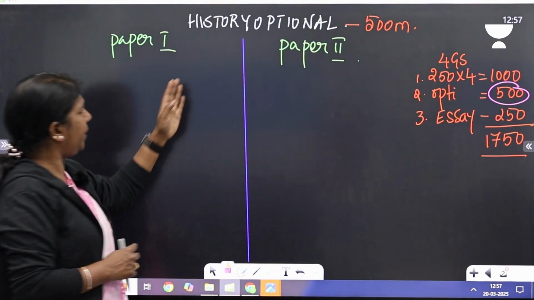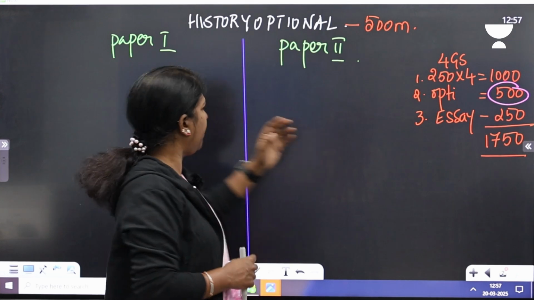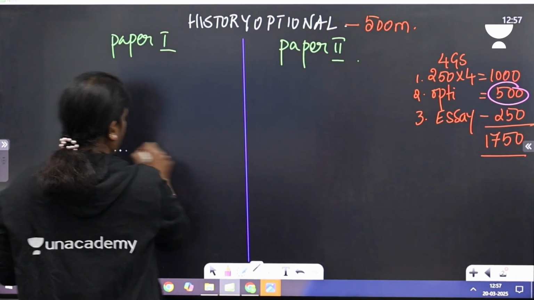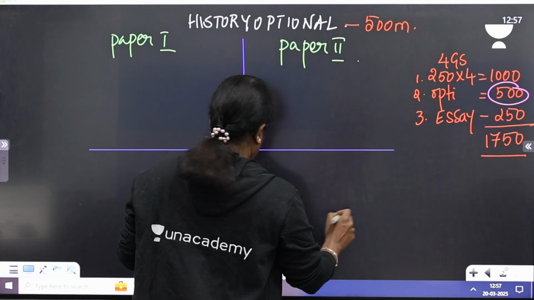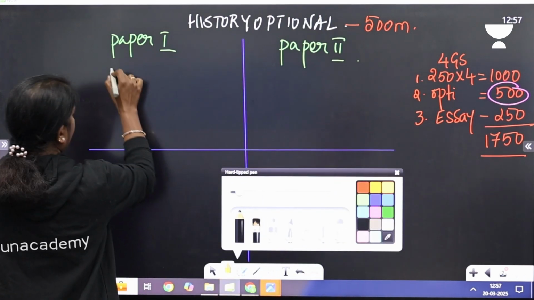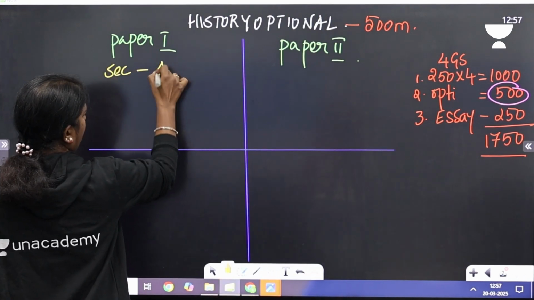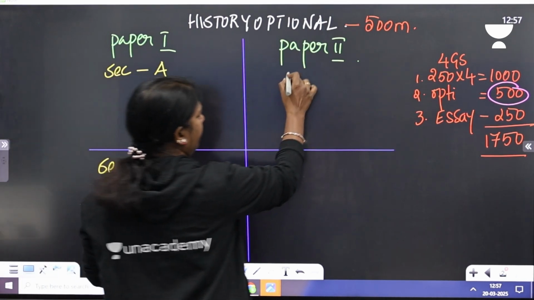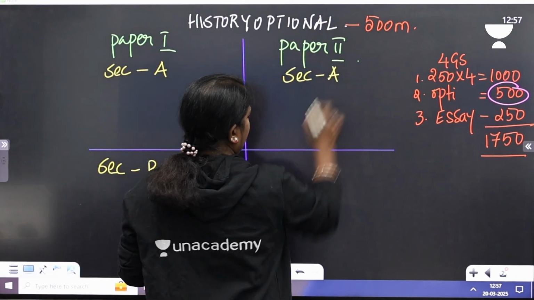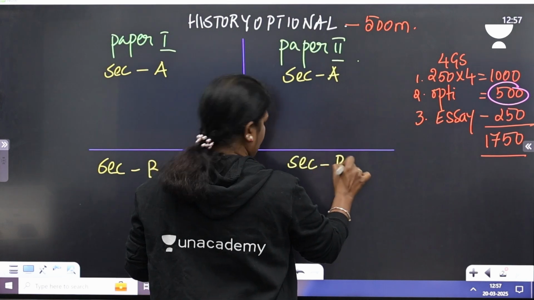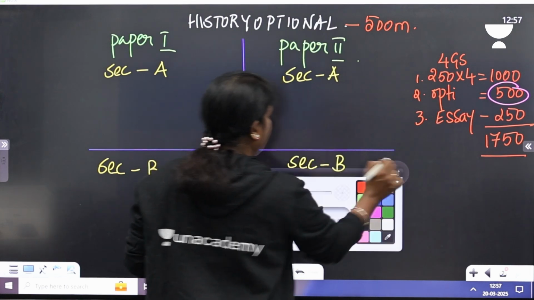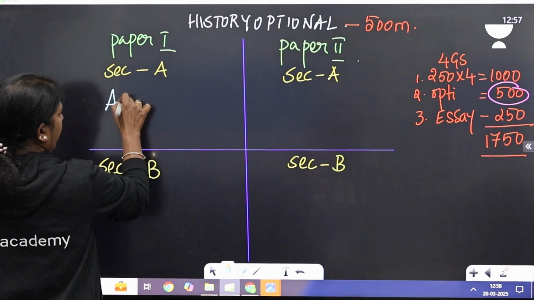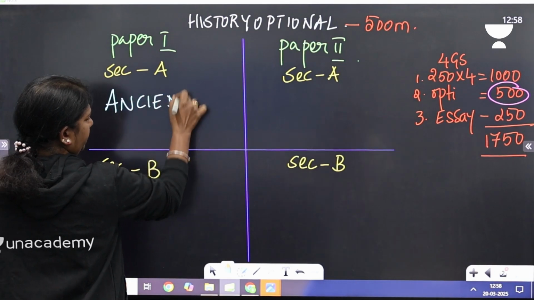Before getting into it, history optional is for 500 marks. We have 2 papers, paper 1 and paper 2. When you divide the paper, in paper 1 we have section A and section B. The same goes with paper 2, section A and section B. In a rough ideology, paper 1, section A is your ancient Indian history.